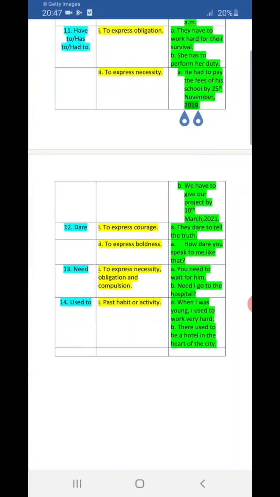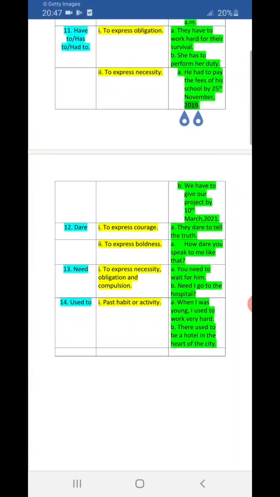Next modal, number 13, need. Purpose is to express necessity, obligation, and compulsion. Example number A. You need to wait for him.